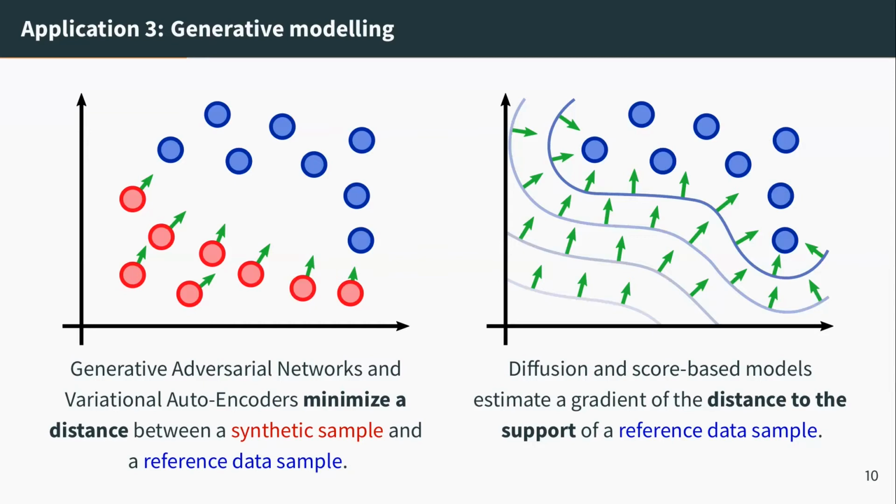And now we consider intuitively the distance to this data set in the full high dimensional space of natural images. Here I display it in 2D. Obviously 2D is completely different from dimension 1 million, but that's the image. You consider just a distance to this data set, and what would be cool is if I could compute this distance efficiently, and even more interestingly, if I could compute its gradient.